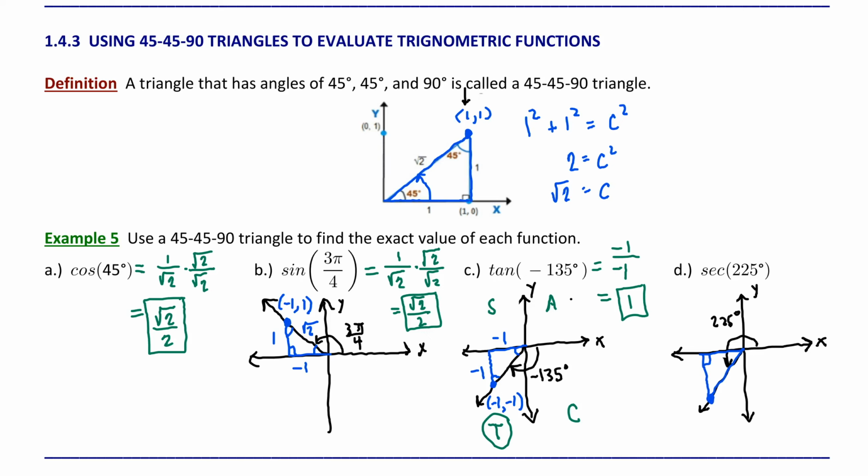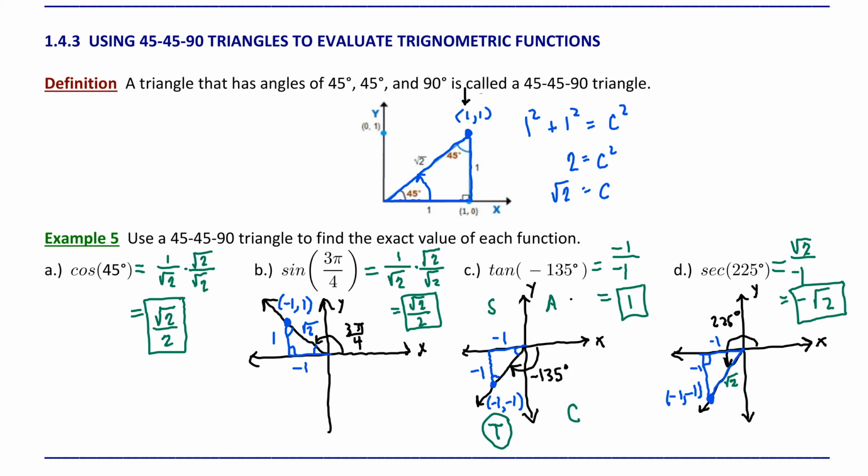So once again, we'll use the point -1, -1 on the terminal side of 225 degrees. Remembering that secant is r divided by x. R, of course, is this hypotenuse length, square root of 2. X is -1. Therefore, secant of 225 degrees is negative square root of 2.